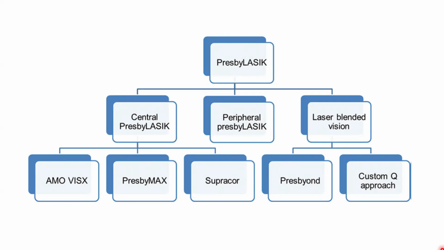AMO VisX nowadays is not available. So right now we have PresbyMax, SupraCore, and laser blended vision, which is given by PresBeyond. Custom Q approach we'll not be discussing in this class because it's not done that frequently. So the three platforms that we'll be discussing today are the PresbyMax, SupraCore, and PresBeyond.